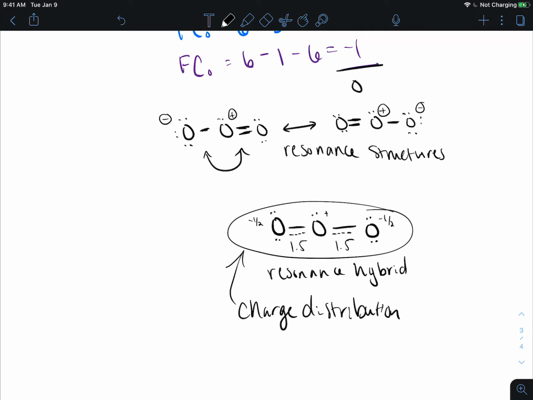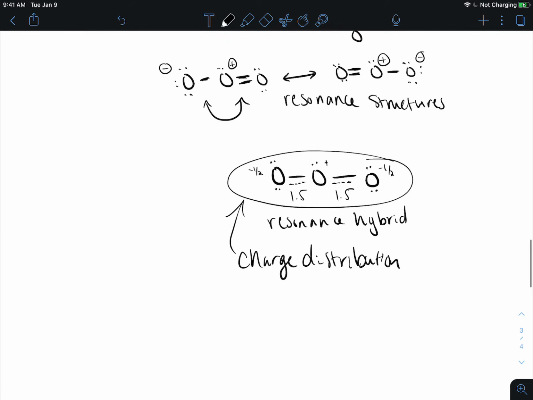We don't want to localize charge anywhere. So this ability to have these two resonance structures is going to stabilize our O3. So we would say that resonance in a molecule is stabilizing.